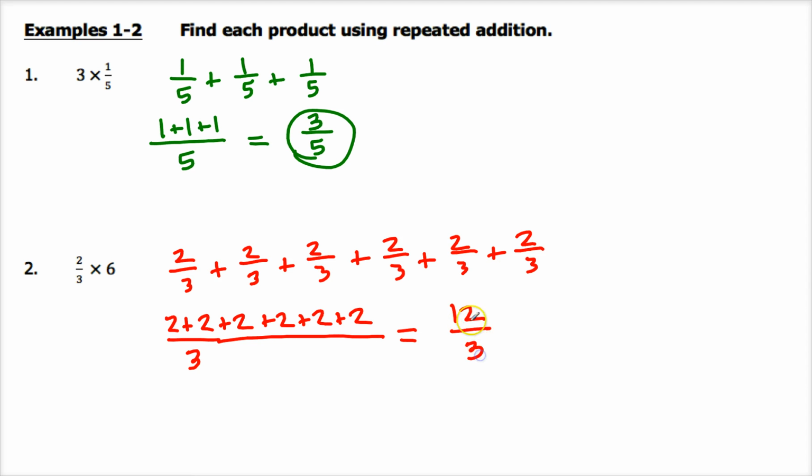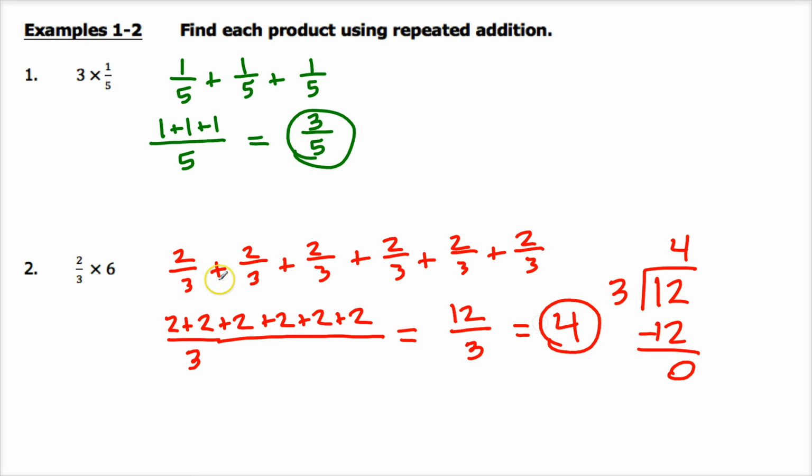So I have 12 over 3, improper fraction, so we're going to make that a mixed number, and 12/3 actually becomes a whole number because 3 actually goes into 12 an even number of times, in this case 4. So 12 over 3 is just the whole number 4, which means 2/3 times 6 is just equal to 4. So that's one way of showing how to multiply a fraction times a whole number, by using repeated addition.